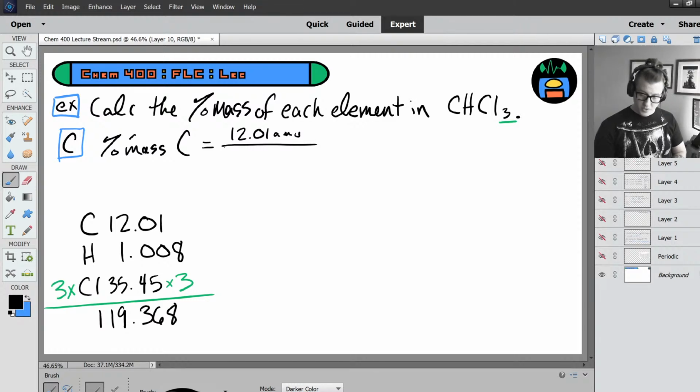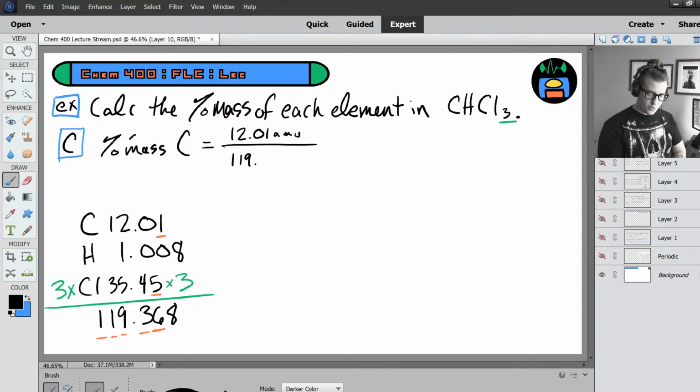119.368. One thing you'll notice, if you apply the rules for sig figs for the numbers that I've used, our least precise number is precise to the hundredths place, so we need to round to the hundredths place. I'm going to wait to round to the end, but I'm putting this mark there so I know that this mass has 1, 2, 3, 4, 5 sig figs in it.